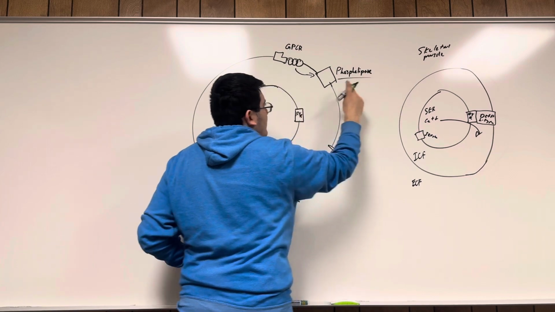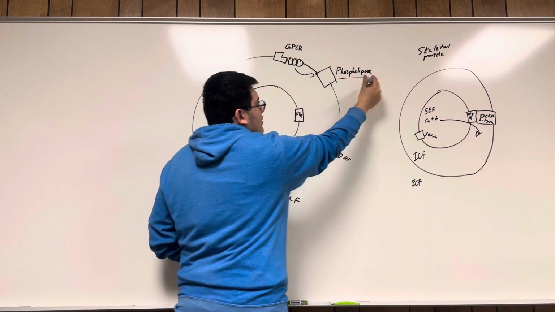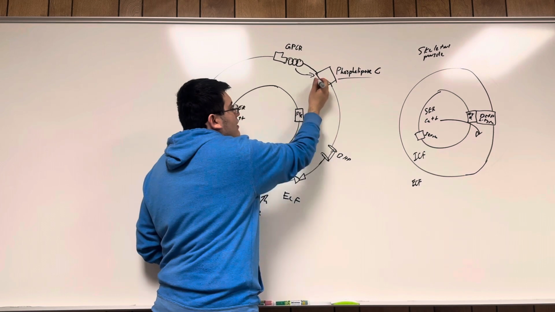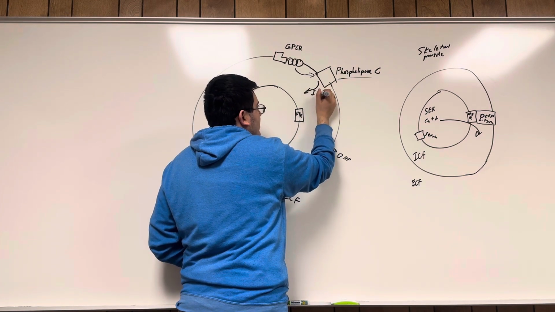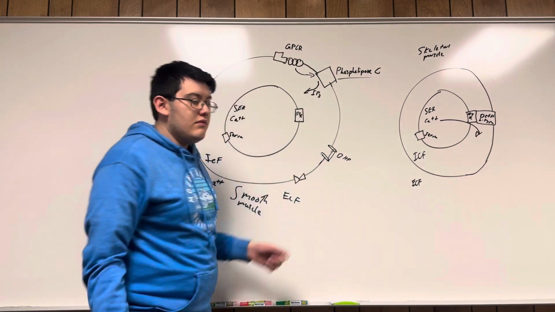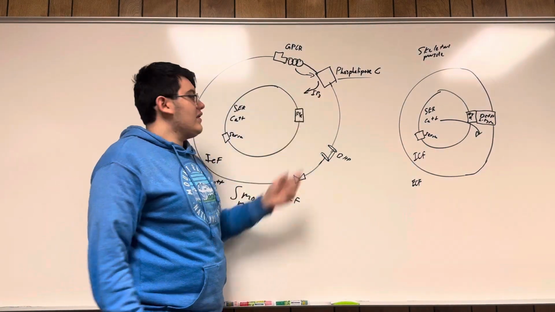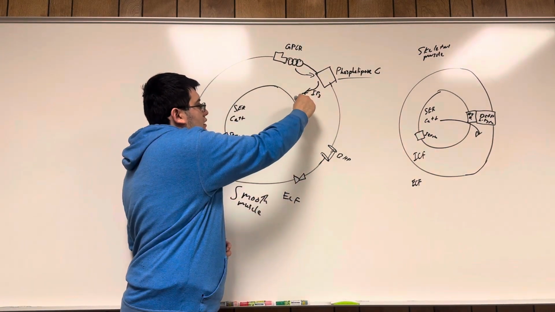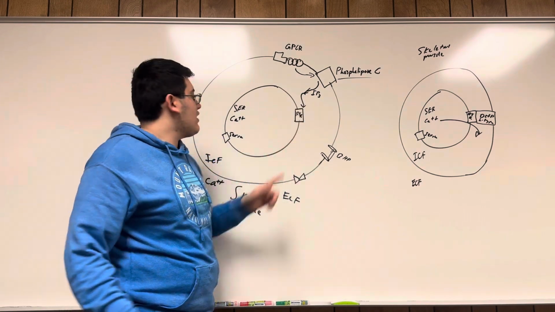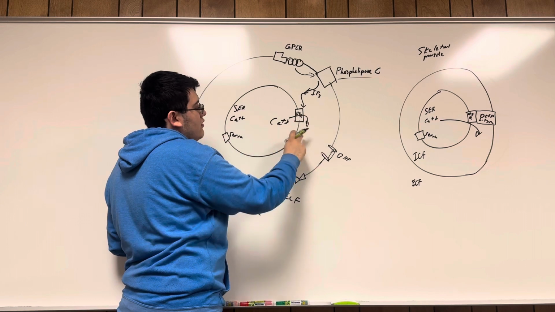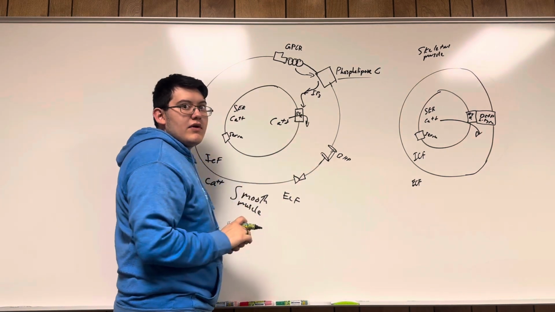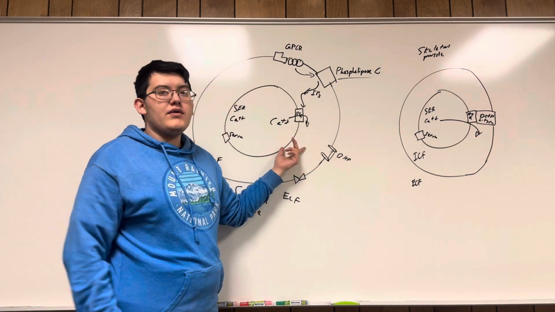And this phospholipase, phospholipase C, synthesizes something known as IP3. And this IP3 comes and opens up the RYR, allowing the calcium here to flow into the sarcoplasm and start power stroke.